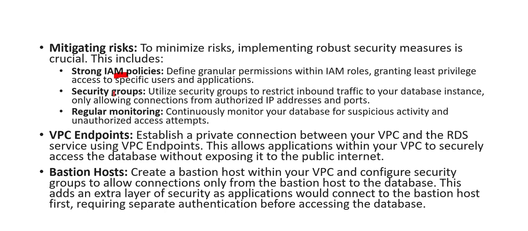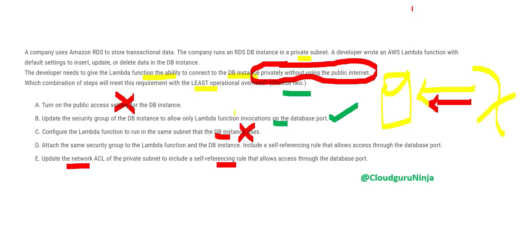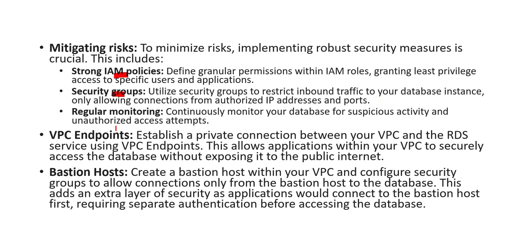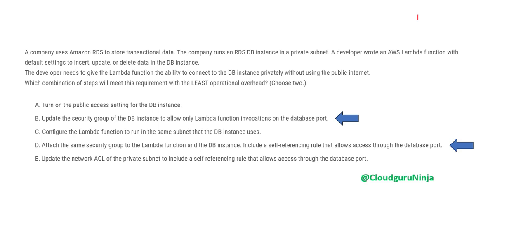You should have security groups being used, which is what we did in option B. And of course, they say that, hey, continuously monitor for any suspicious activity and unauthorized access attempts.